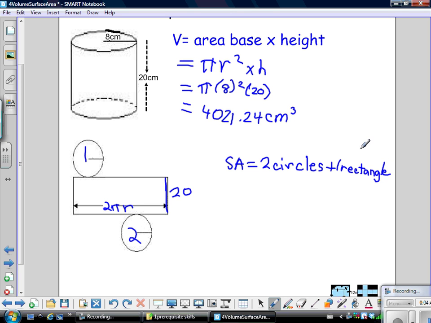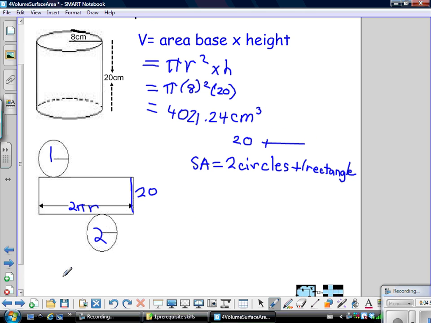Some people prefer to write 2 and then the circle, plus 1 rectangle.